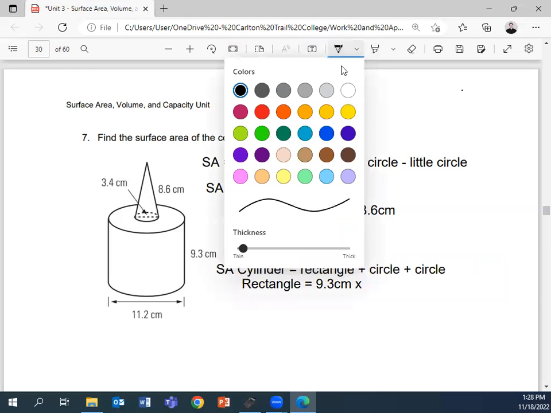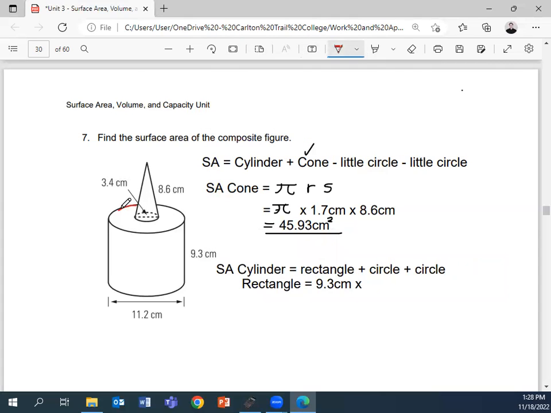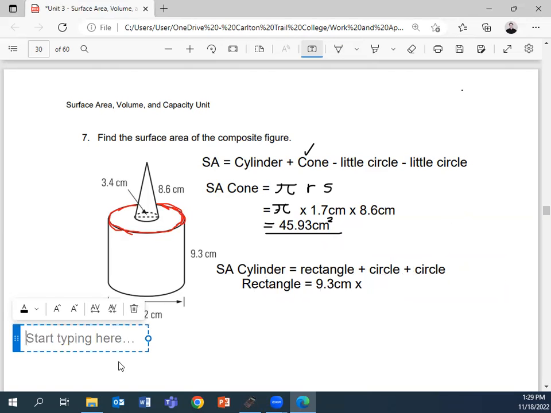I need to know the thing I'm drawing in red. This is technically the width of the rectangle. Does it make sense why? Because if we unfold it, it turns into a rectangle. So what do we call this? Circumference, you betcha. So I need to find the circumference before I can find the width. It's a very hard problem.